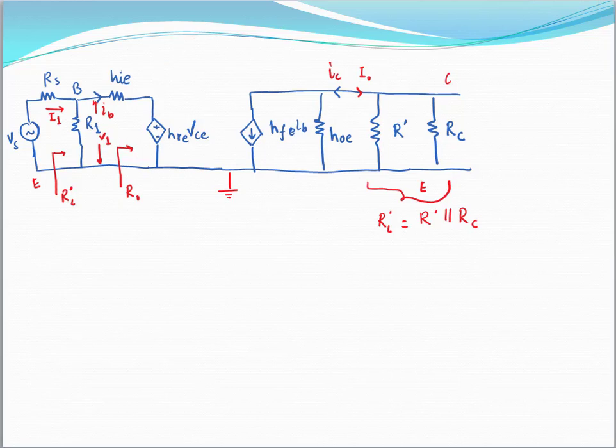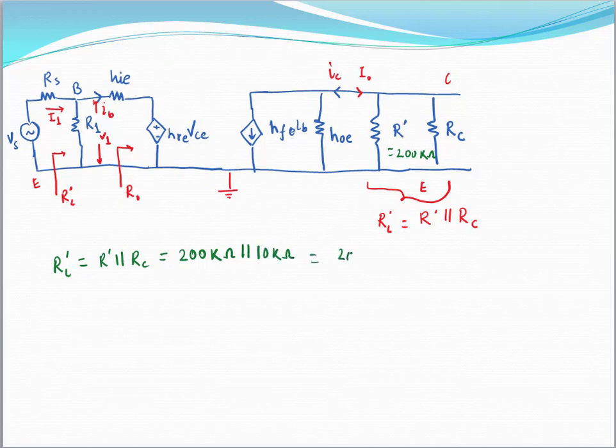So now we will calculate things one by one. What would be the R dash here? R dash parallel with RC, and we have already approximated R dash as 200 kilo ohm. So this is 200 kilo ohm in parallel with RC, which is 10K.